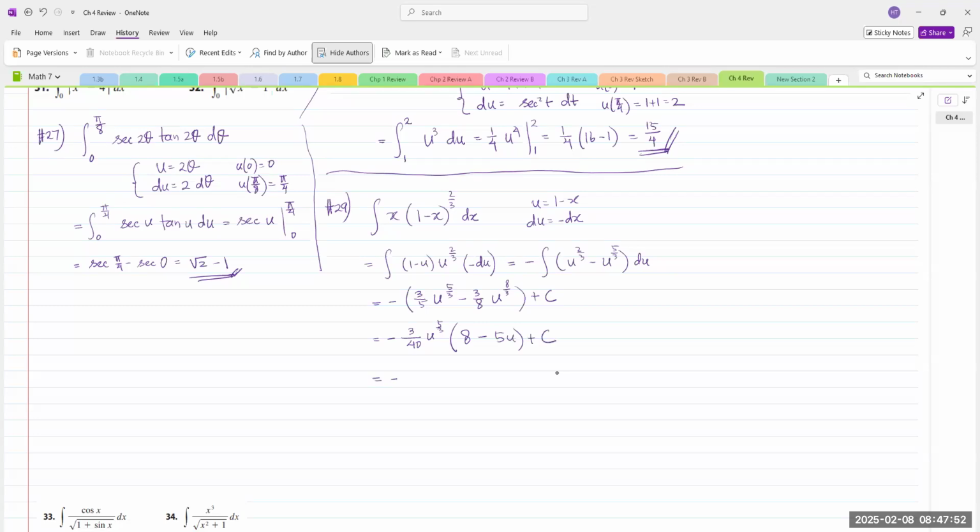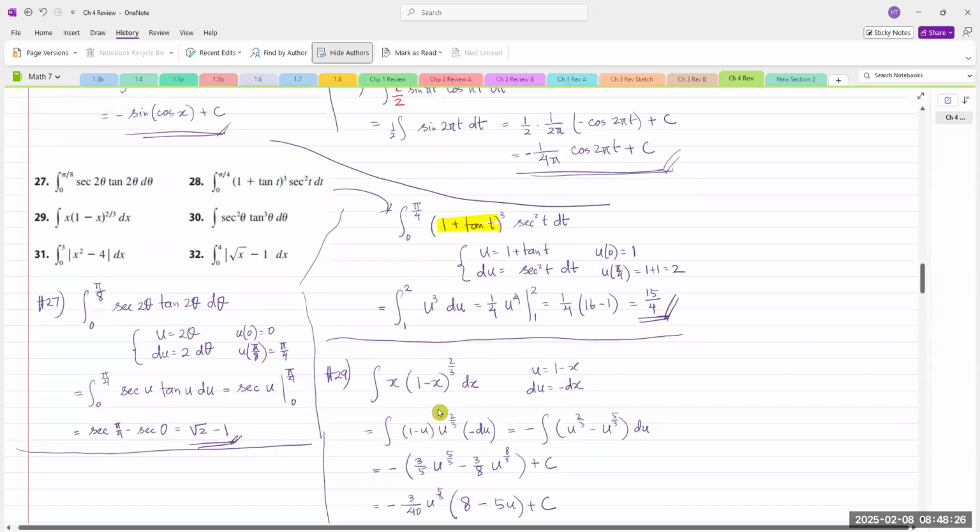So that's negative 3 over 40, (1 minus x) to the 5/3, times (8 minus 5 times (1 minus x)). So this should be what you have. That will be 3 plus 5x plus constant. Okay, that's for number 29.